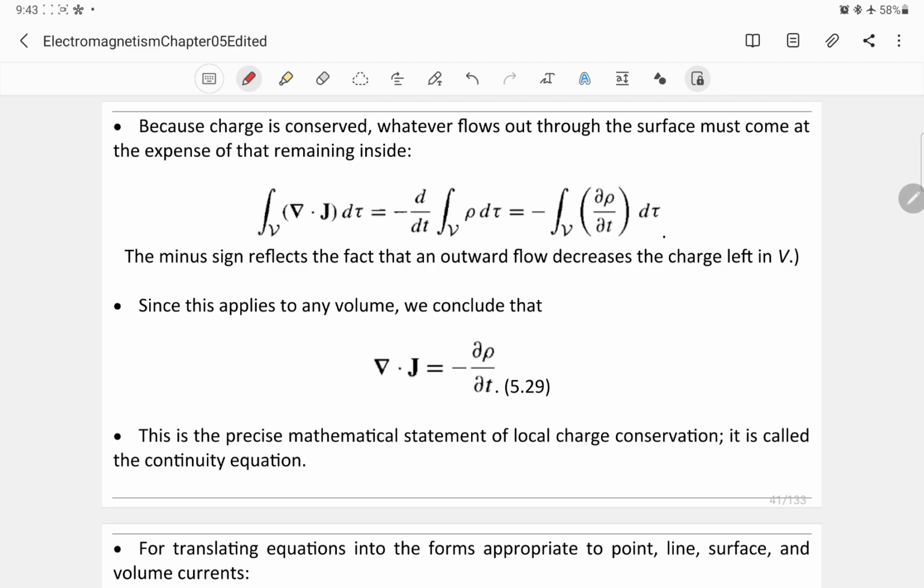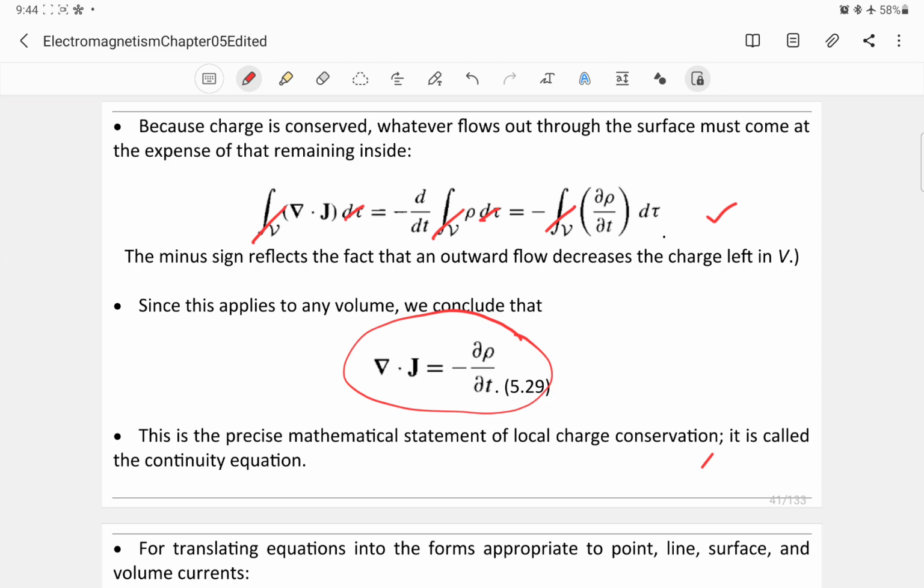So we have this equation, and if you do a comparison, you will have the divergence of J equal to the negative partial derivative with respect to time of the charge density, rho.